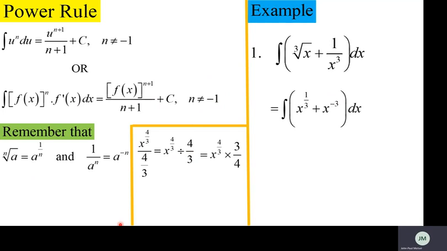So we're going to have it in that form. Once again, we add 1 to the exponent and divide by the new exponent. For the second one, we do likewise. We add 1 to -1, we get -2, then we divide by -2.